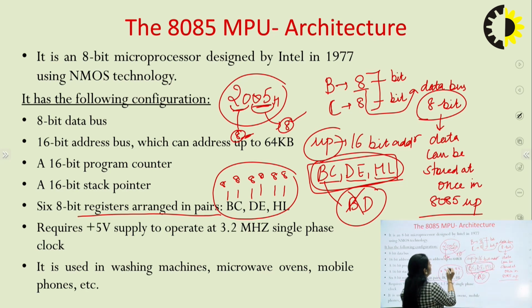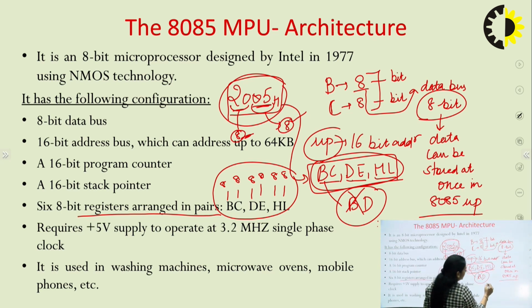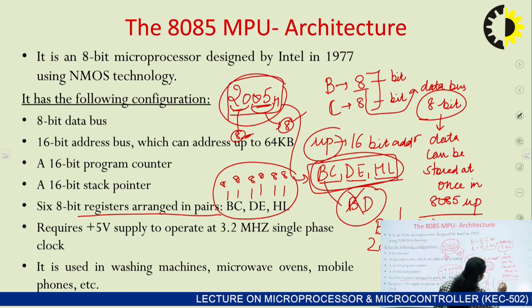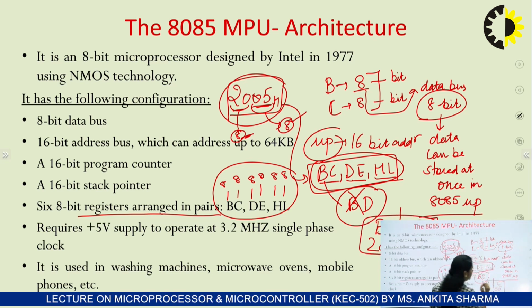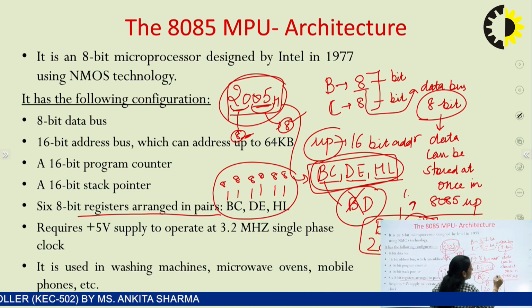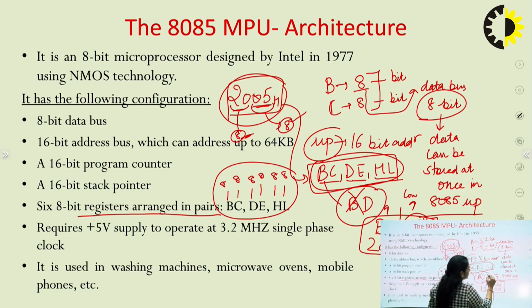These are pre-decided. Nobody can change these. So when we have to store 16-bit data, at that time we'll be using the register pairs, either BC, DE or HL. So now we can store the data 2005, sorry, data at B and C. C is the lower part of this register and B is the higher part of register.